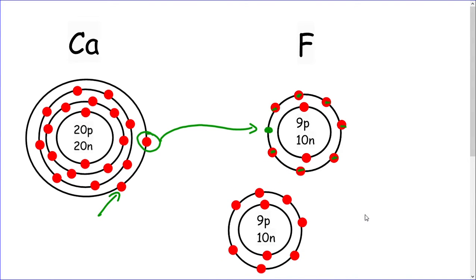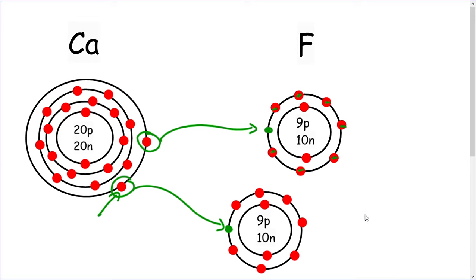Then all of a sudden I have a whole other spot for this electron to travel. That electron could go into another fluorine atom, and now calcium has no more electrons in that outside shell, so it's stable. And the fluorines each pick up an extra electron, so they're stable.